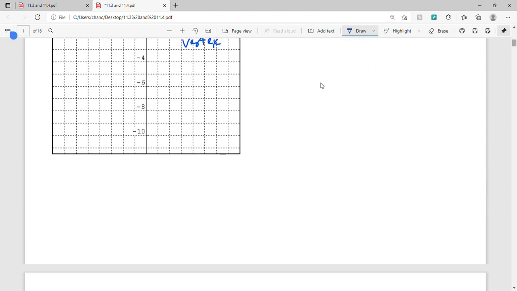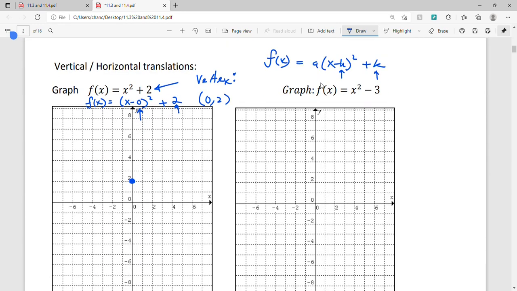Let's go to our original problem. We're going to go left 1, up 1. That's our second point. Start again at the vertex, right 1, up 1. That's our third point. For the fourth point, we go left 2, and then up 4 spaces. So you can see this looks exactly like the parent graph, but it's shifted up 2 spaces.